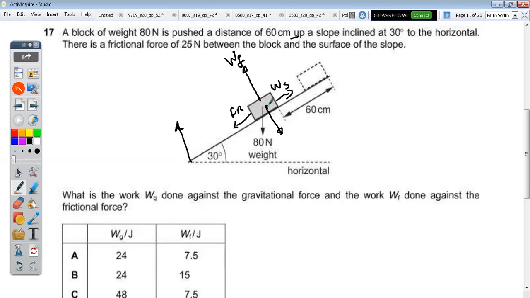Okay, what I mean by this. This force here, you see that it's an angle here. So this angle there is 30 degrees.